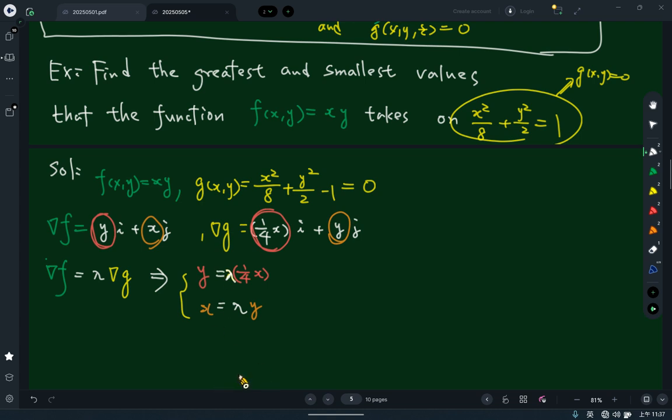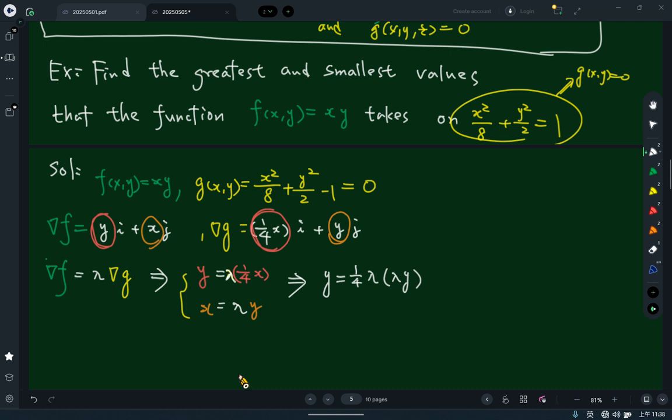So by this one, we can get y is equal to 1/2 lambda times lambda y. Right? y is equal to 1/2 lambda times x, right? But if so, I cannot substitute x and y. But x is equal to lambda times y, so I should use it as this one. Okay?